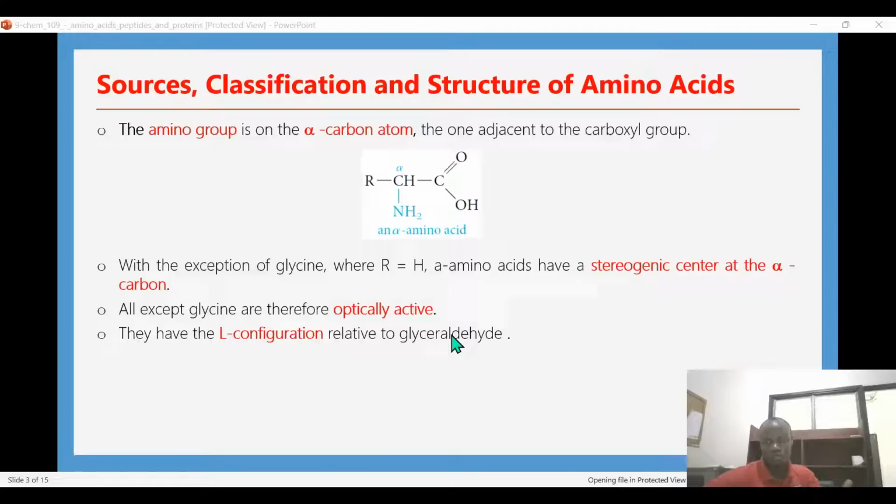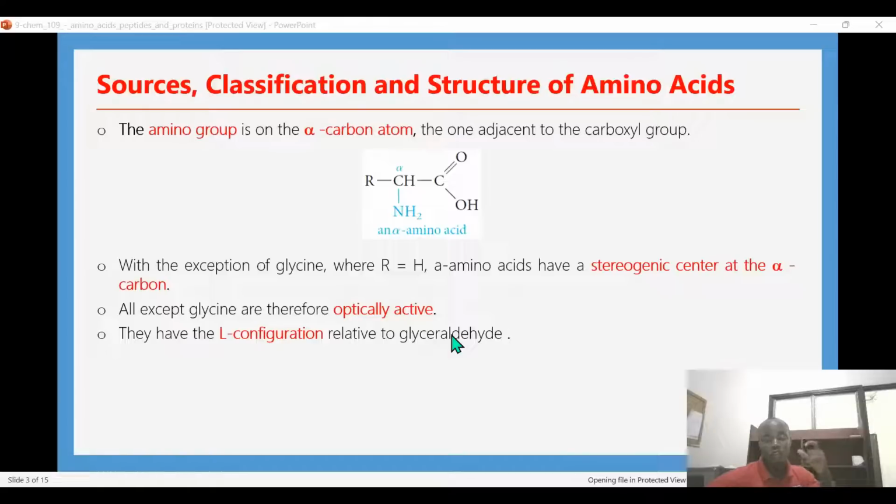It's similar to the case of carbohydrates. The type of carbohydrate that is found, especially in humans, is D-glucose. But in the case of amino acids, it is L. It is called L isomer.